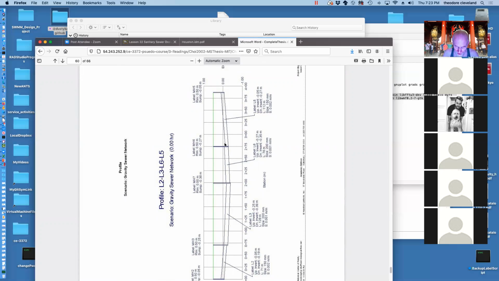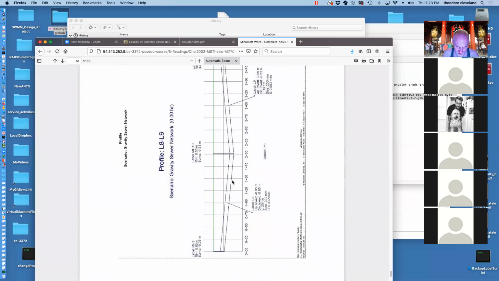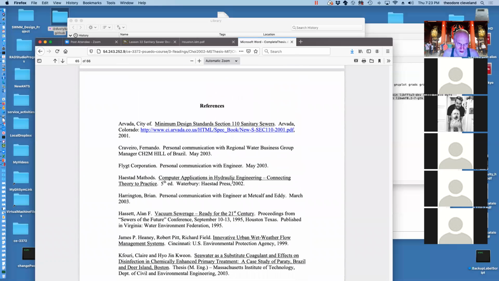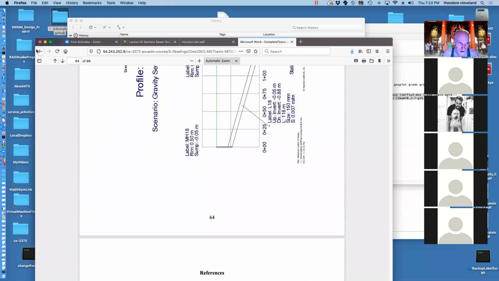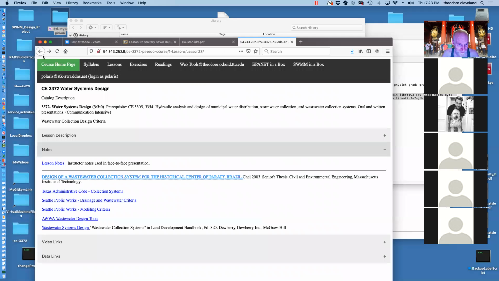We want these pipes to join at the top, and what that leaves is extra capacity to carry sewage and solids on downstream. And I'll just get to the end of that. There's more profiles. And so this is a good example of a fairly thorough sewer design study for that particular area.